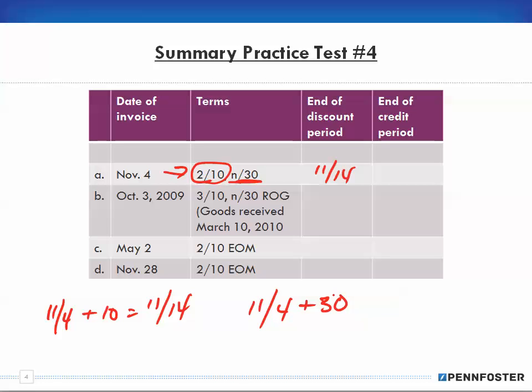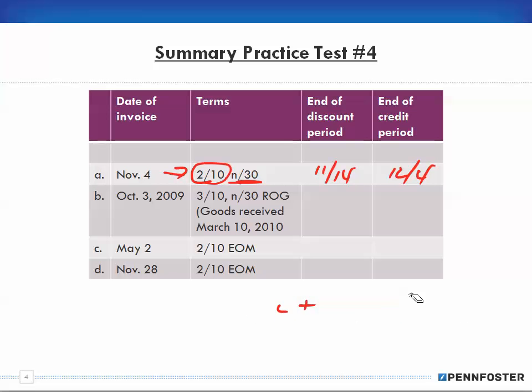Well, there's only 30 days in November, so that makes it relatively easy. That means 30 days from November 4th is December 4th. And remember, if there were 31 days in a month, it's going to be 1 day less, right?